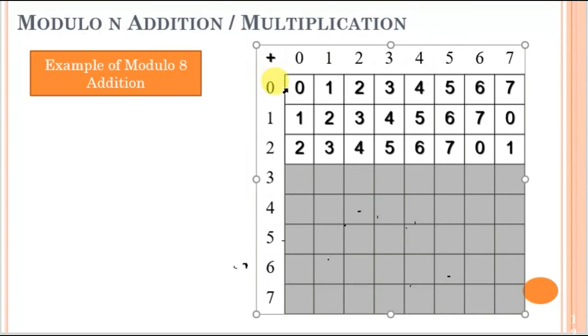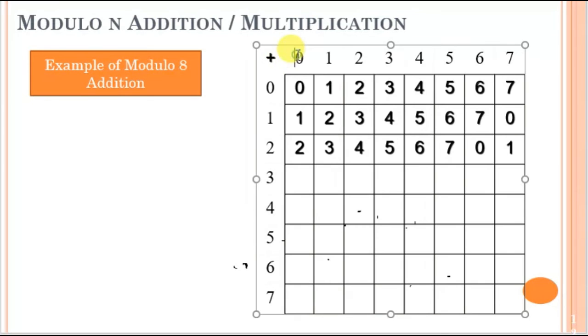So, how to check whether modulo 8 is abelian or not? For this, we first check whether the top row elements exactly match any row of this table, then we can identify the identity element easily.